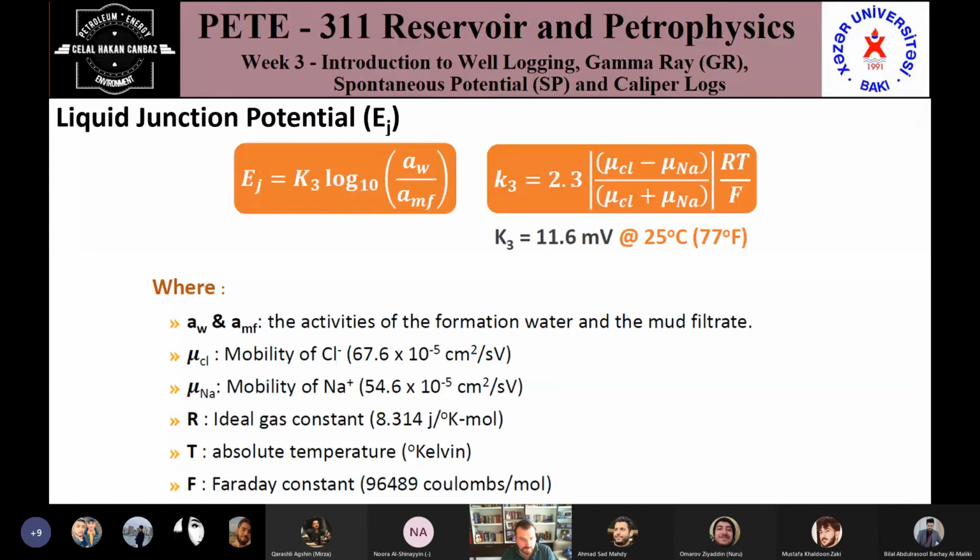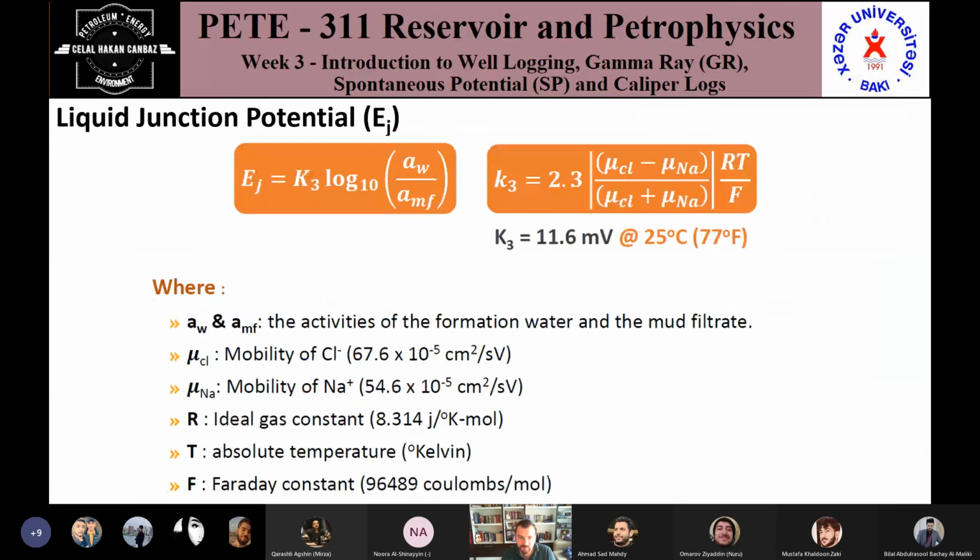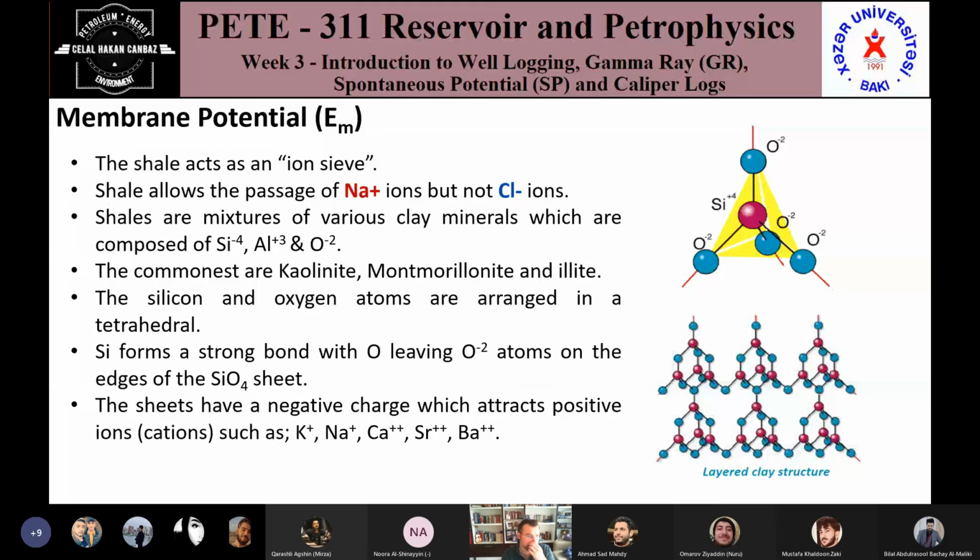So we said liquid junction potential and membrane potential, right? Now let's go to membrane potential again. In the membrane potential, it's coming from the shale, we said, right? The shale here acts as an ion sieve. Shale allows the passage of sodium ions, but not chloride ions, as I mentioned. Shales are mixtures of various clay minerals, which are composed of silicon, aluminum, and oxygen.